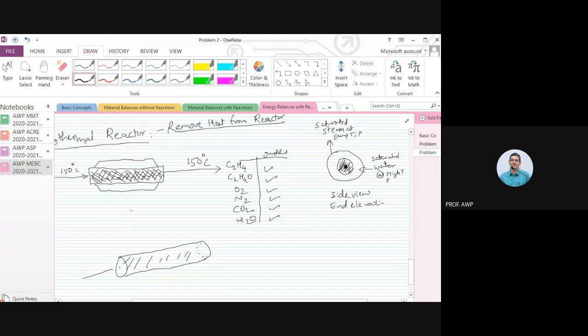Reactants are entering, and products are leaving at 150 degrees centigrade. Everywhere surrounding this is another tube. Obviously now these should all be dotted lines, but that's okay. And this outside tube has liquid water entering and steam going out.